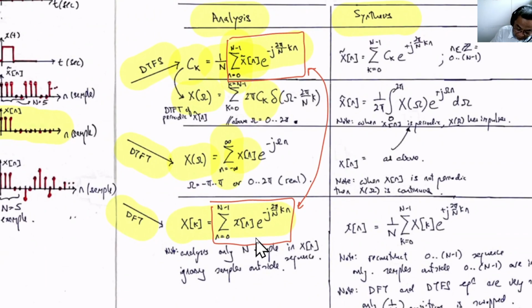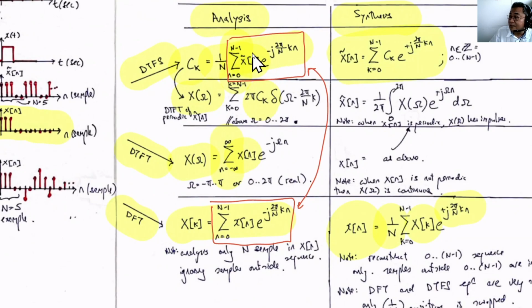The answer is that in DFT, strangely enough, it is at the synthesis equation, which takes the frequency representation and converts it back to x of n. While in the synthesis equation of DTFS, there's no 1 over N. Now, this will cause many students much grief.